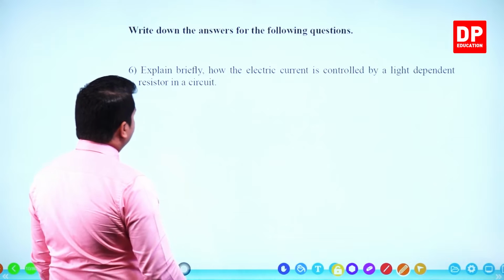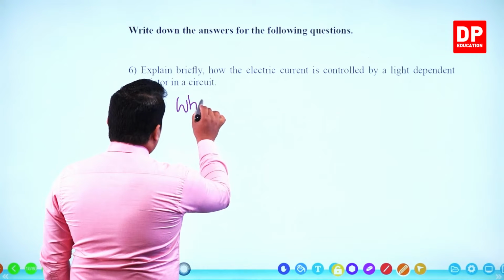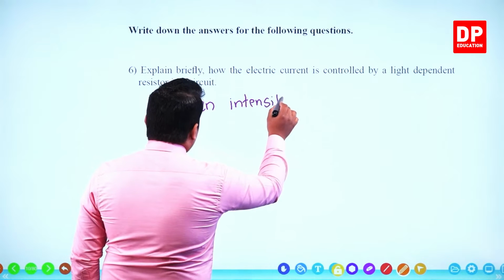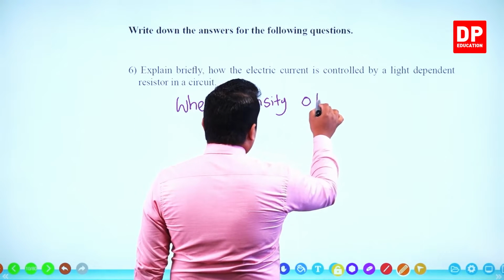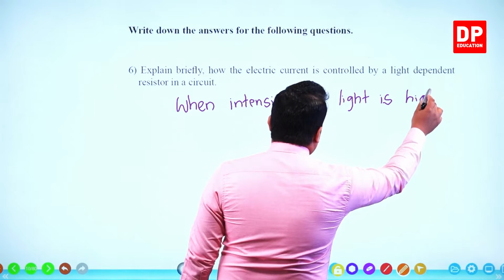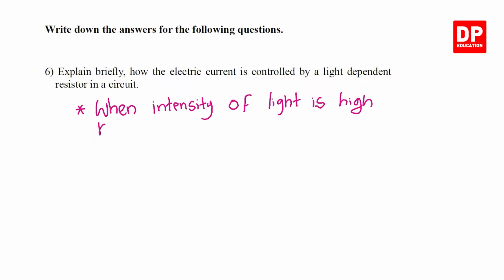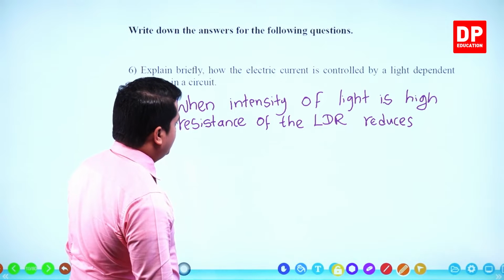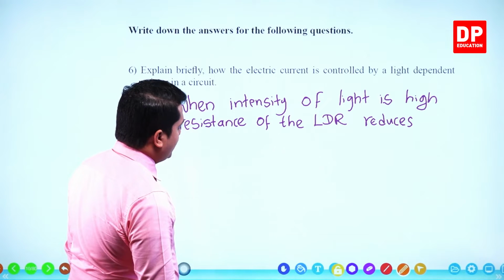Okay, so we'll write it down. When intensity of light is high, resistance of the LDR reduces.